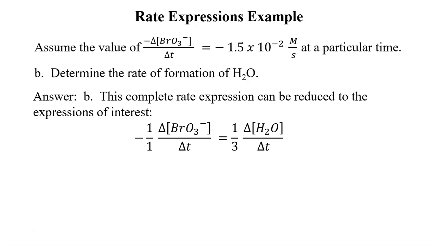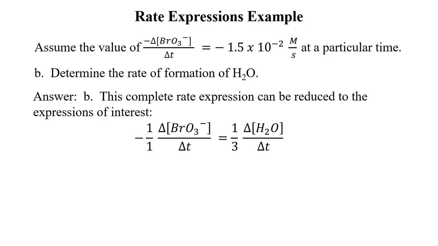So the complete rate expression can be reduced to the expressions of interest. And that's minus 1 over 1 delta BrO3 over delta T equals 1 over 3 delta H2O over delta T. So the rate that BrO3 is being used up is equal to 1/3 times the rate that H2O is being produced.